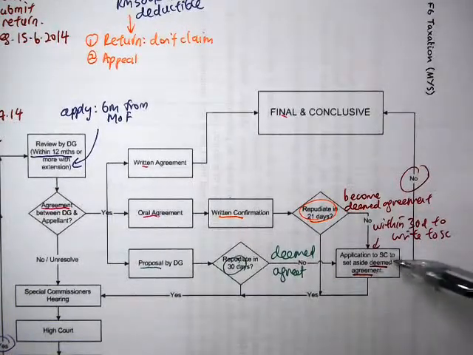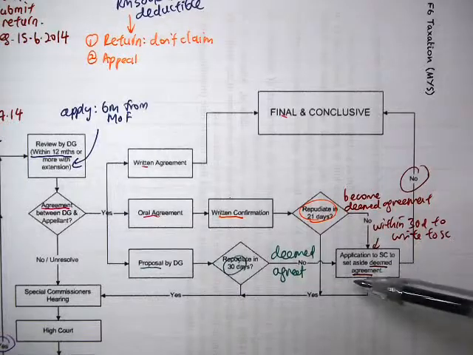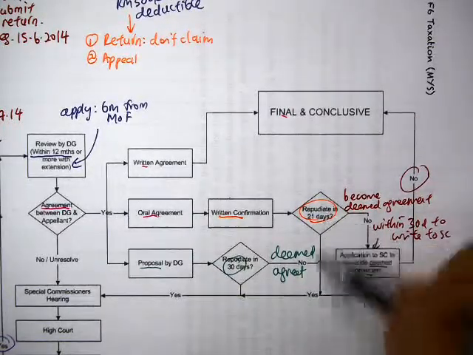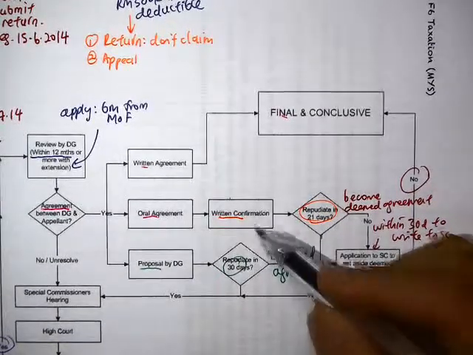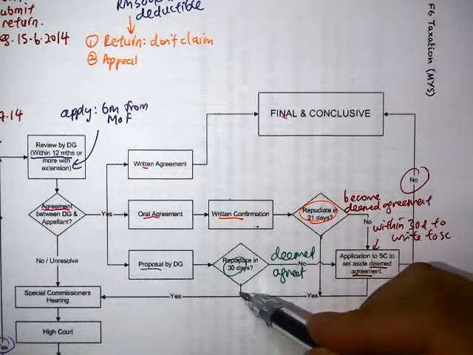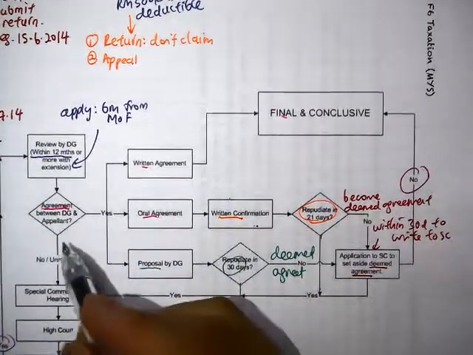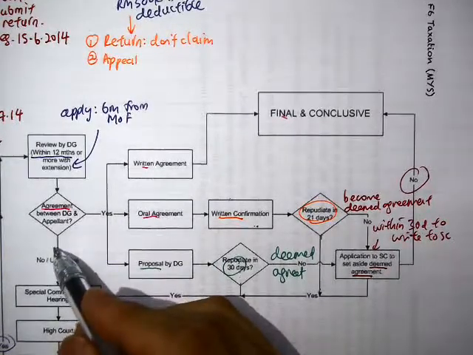Again, if you never do that, it becomes final. If you write to the SC to set aside the deemed agreement, that means you repudiate it, you objected. So either you objected within 21 days, or 30 days, or from the beginning the Director General cannot resolve it with you. Then it will proceed on to the next stage.